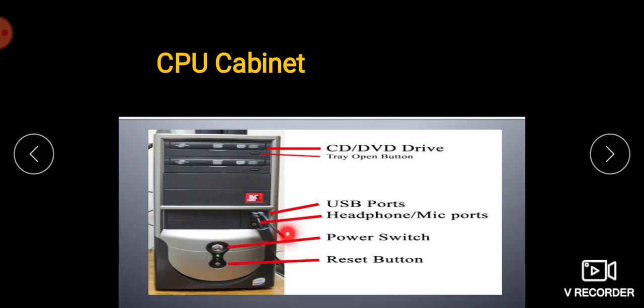Then we have three slots here for speakers, headphone or microphone. Then we have this power button or power switch. With the help of this power switch, we can start our computer. Then we have this reset button here. With the help of this reset button, we can reset our computer if we need it.